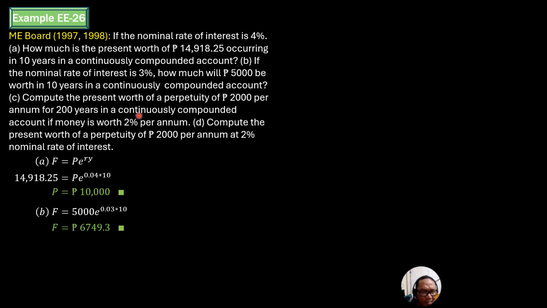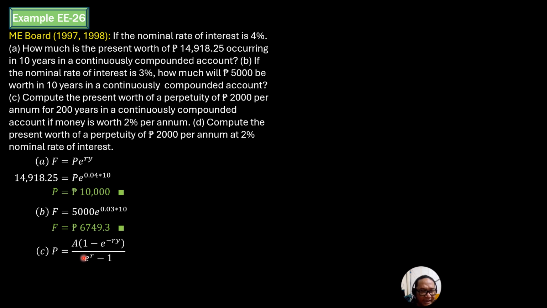For letter C, this is a perpetuity compounded continuously, but the formula is P equals A, quantity 1 minus e to the negative ry, over quantity e to the r minus 1.